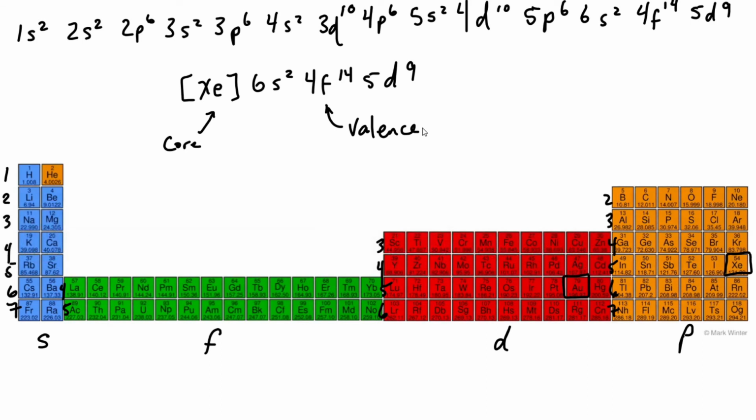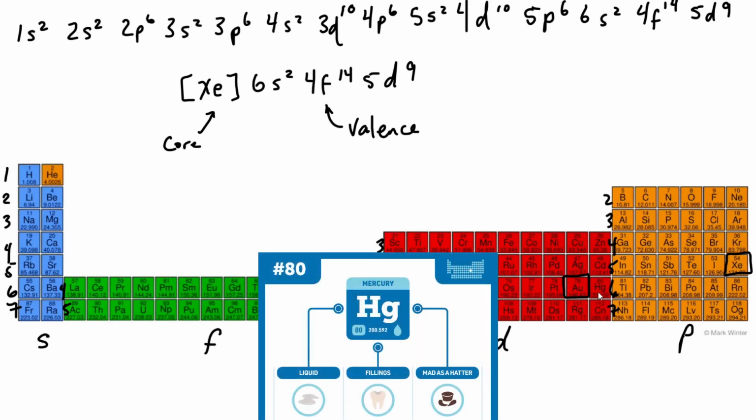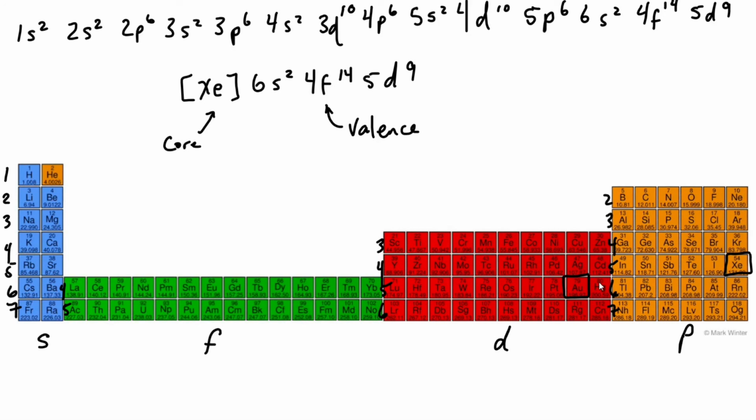So next door to gold, we have mercury, which, as you probably know, is kind of an interesting element just because it's the only metal that's also a liquid at room temperature. Have you wondered why that is? Part of the reason is that it has a completed suite of d electrons.